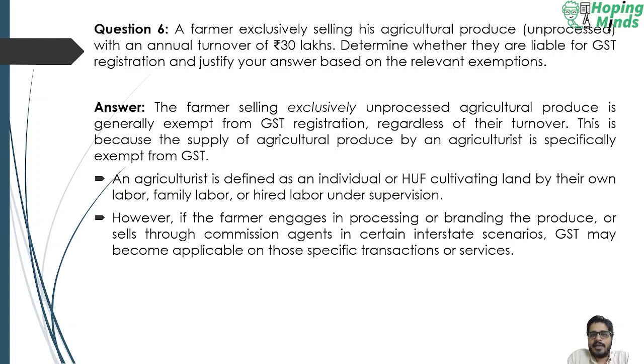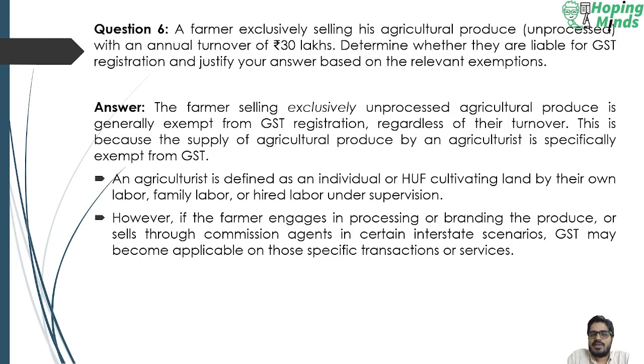So the farmer selling exclusively unprocessed agricultural produce is generally exempt from GST registration, regardless of their turnover. This is because the supply of agricultural produce by an agriculturist is specifically exempt from GST.